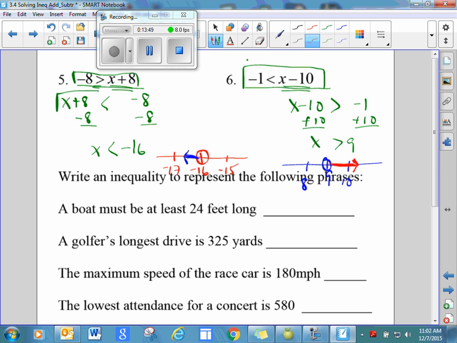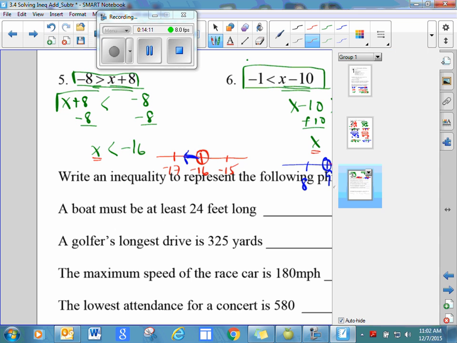If you look back on all the problems that we worked, and these two right here, as long as your variable is on the left-hand side, the direction you shade will be the same direction that the inequality is going. This guy's pointing this way, I'm shading this way. This guy's pointing this way, I'm shading that way.